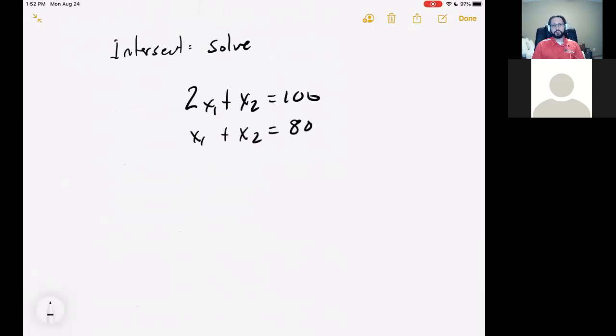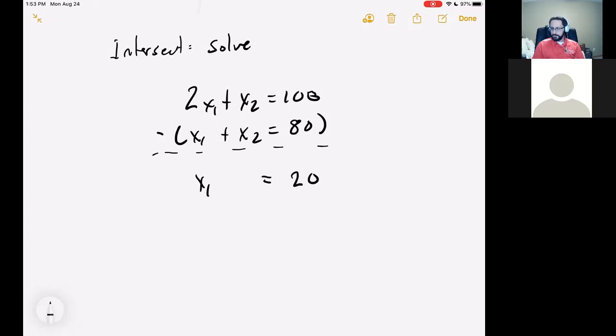I am going to use the process of elimination in solving linear equations. I observe that the x2 pieces have the same coefficient. So if I subtract the 2 equations, I get 2 minus 1x1 to be a single x1. I get x2 minus x2 to cancel out, and I get x1 equals 20.